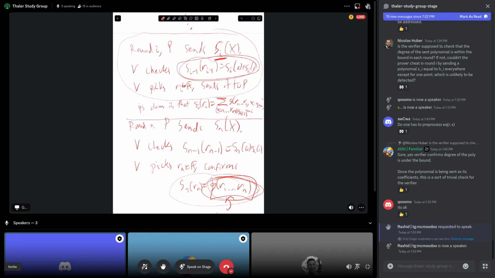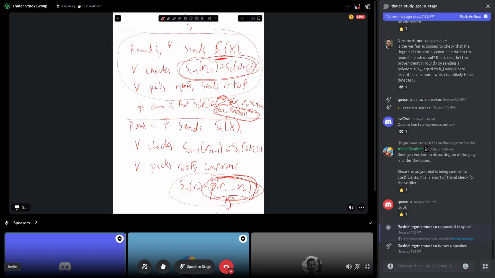So that is the point of each round: to force the prover to make a claim about the value of a sum where now there's one fewer variable being summed over, and hence the number of terms in the sum is half as many as there were in the previous round.